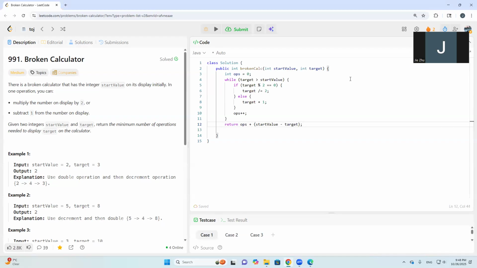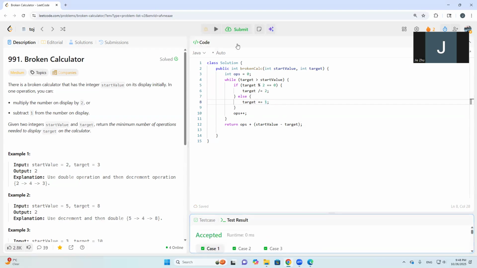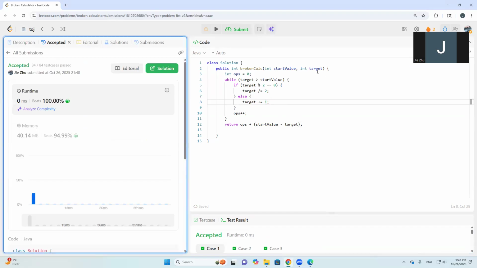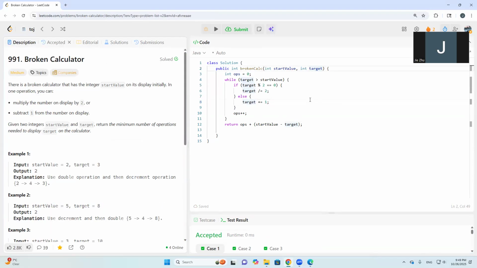So this will be our solution. The time complexity will be O(log target). Space will be constant.